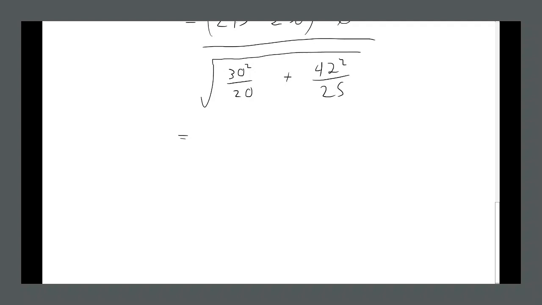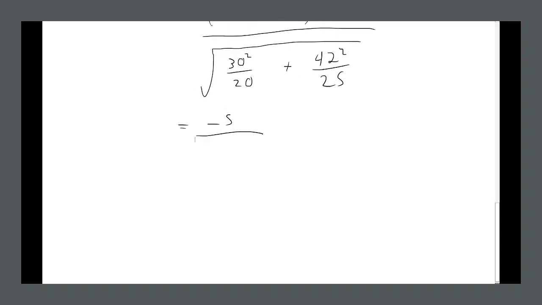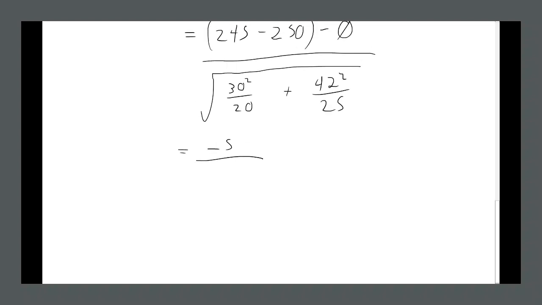So 245 minus 250 is negative 5. Minus 0, it's still negative 5. Then we have 30 squared divided by 20 plus 42 squared divided by 25, that comes to, under the root, 115.56.